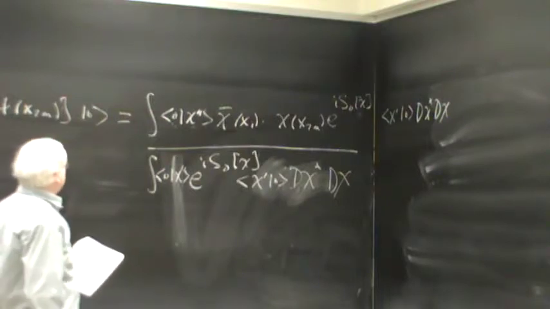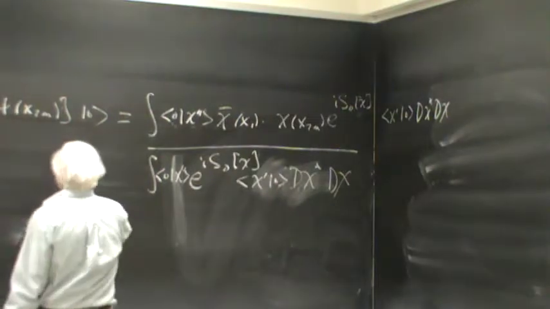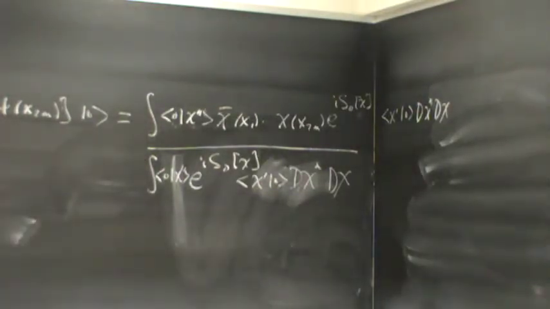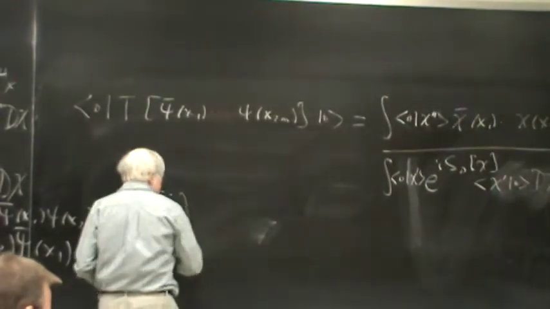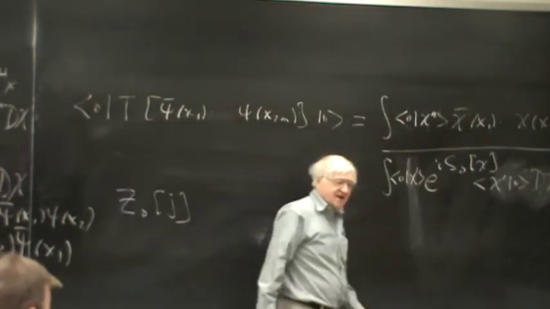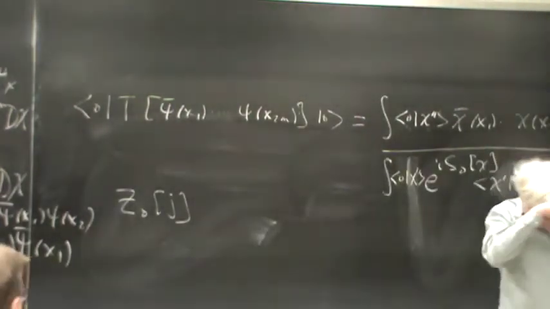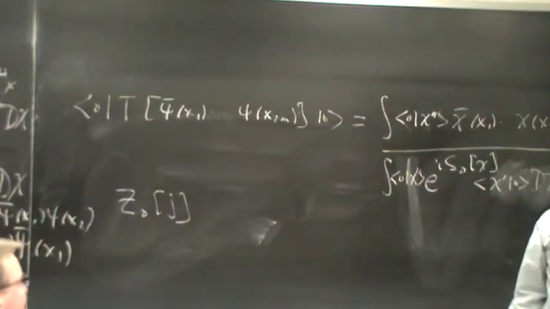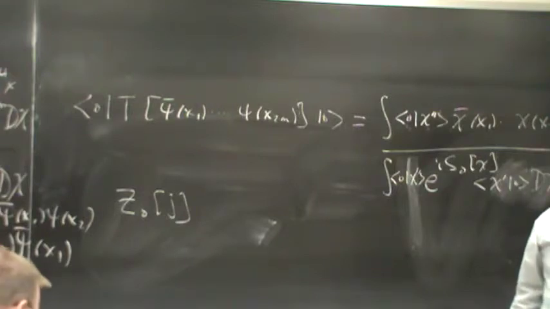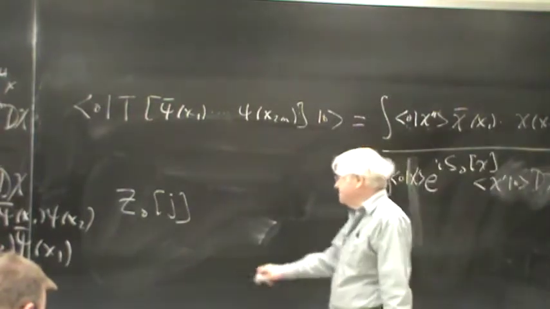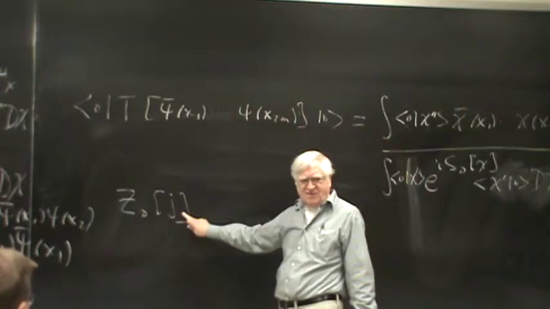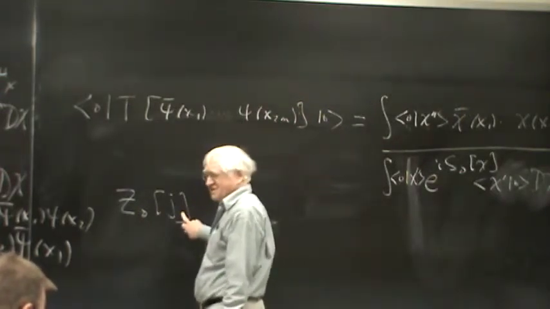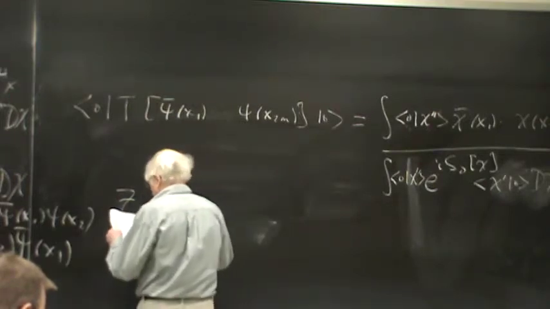And the next thing is just a direct application of this formula, is that we can define z0 of j. Now in the book I wrote this as z0 of zeta, but I think really there's a limit to how many Greek letters we want, and pretty soon it just gets too confusing. So this is actually a Grassmann variable. That's why I chose zeta, but let's just think of it as a Grassmann j.